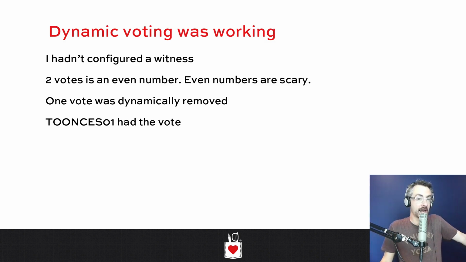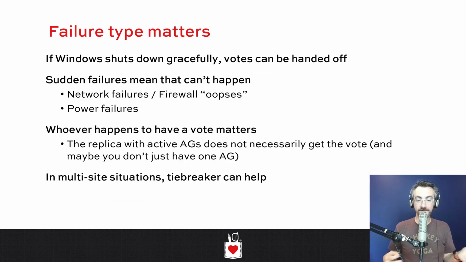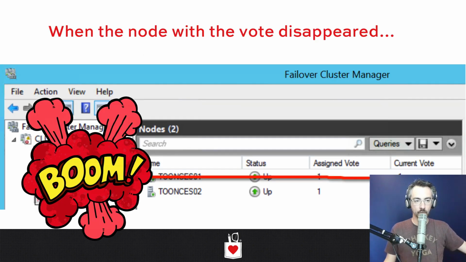ToonSys01 happened to have the vote, and then when ToonSys01 lost his network connection or suffered a hard crash, Windows couldn't reassign the vote fast enough. It's easy for us to think that whoever's the primary in the AG should also have the vote. However, you can have multiple AGs. You can have multiple services running above and beyond just the SQL Server listener. Otherwise, whenever ToonSys01 dies, we are bang out of luck.